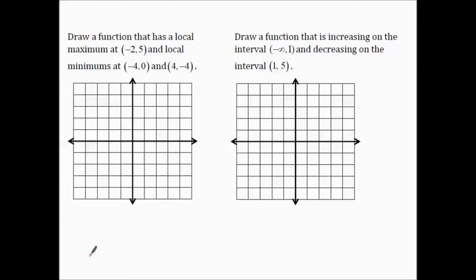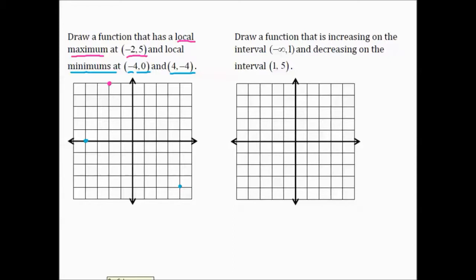Now we're going to look at how to draw some functions based on some characteristics. So if I am told that this function has a local maximum at -2, 5, I'm going to plot that point. Then I know that it has a local minimum at both -4, 0, and 4, -4.